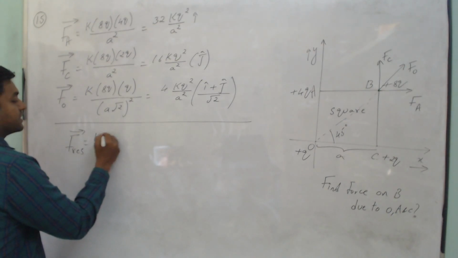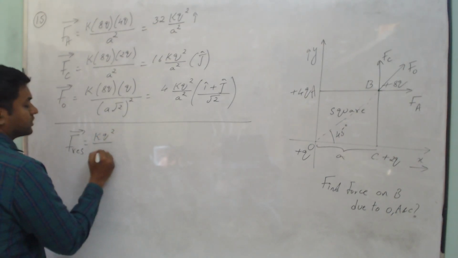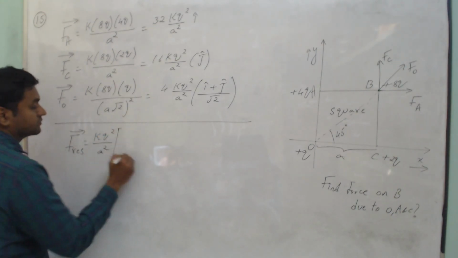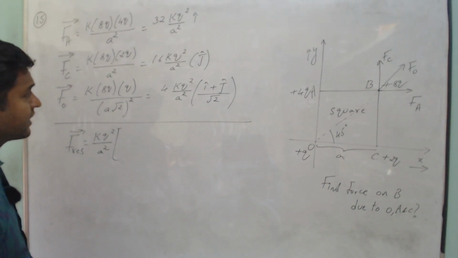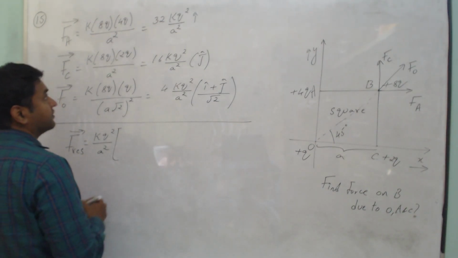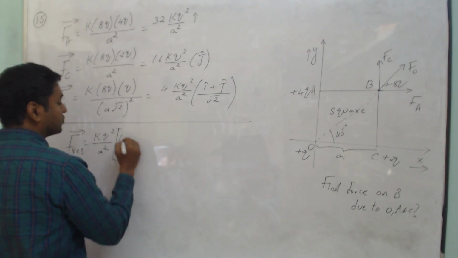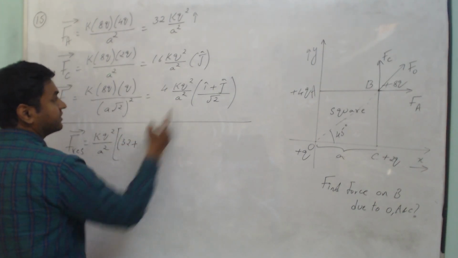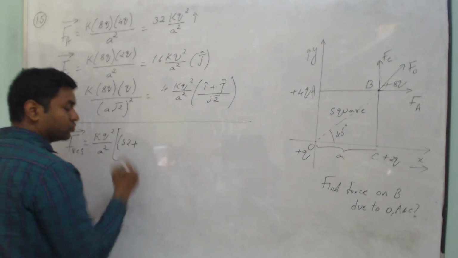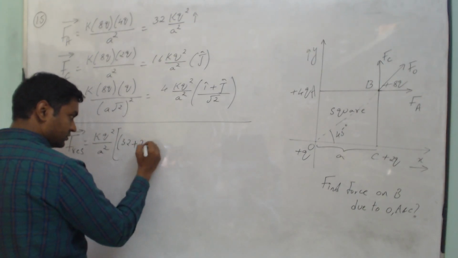One thing is I'll get my KQ square by A square common. In I cap, I have 32, and here I have 4 by root 2, which is 2 root 2.